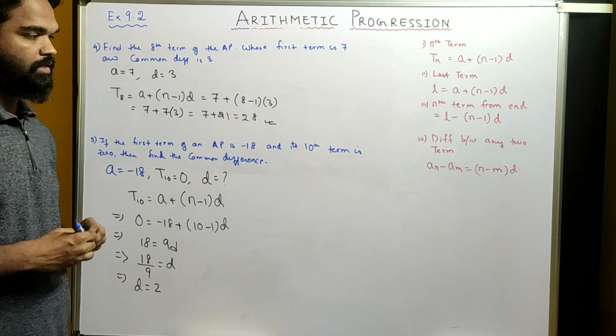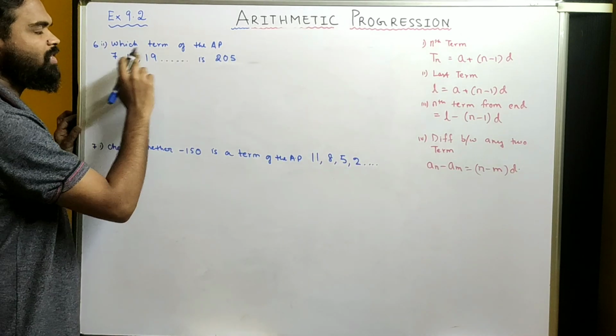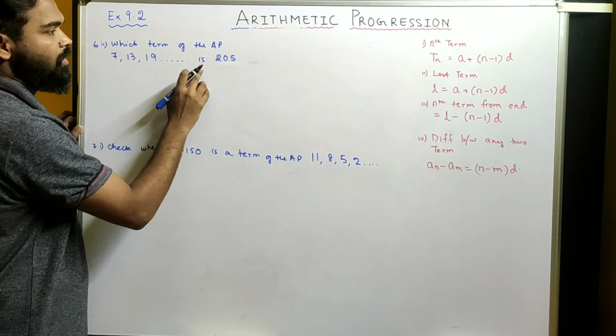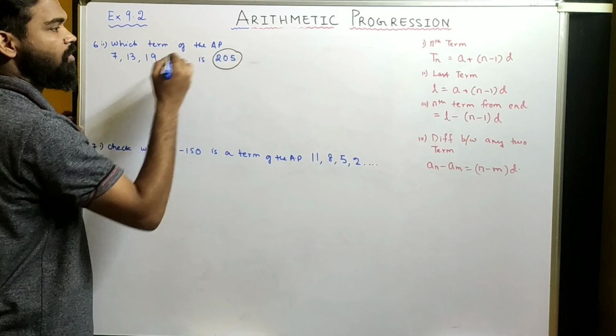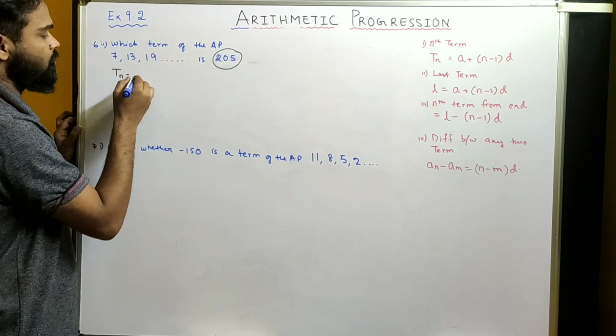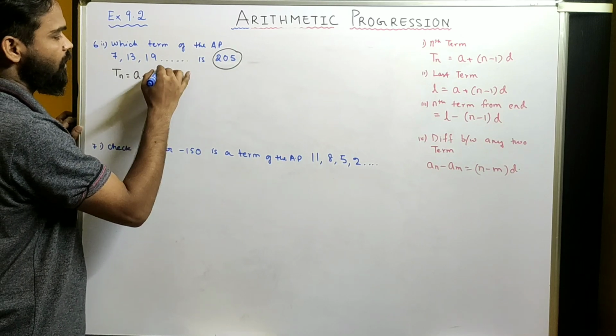Done. Now let us look at the next sum. Now let us look at 6 part 2. Which term of the AP 7, 13, 19 and so on is 205, which means the number of terms of this. Now we know tn equals a plus n minus 1 d. You need to find n in this case.